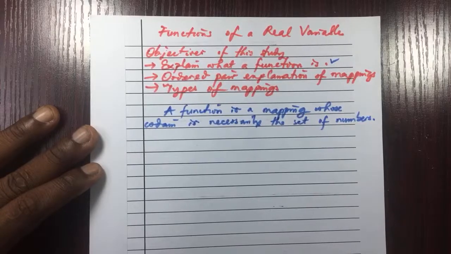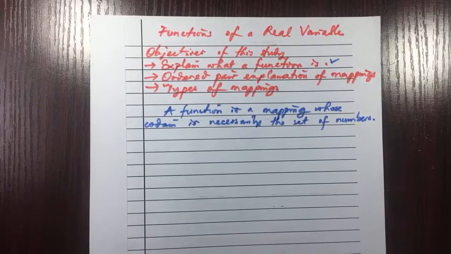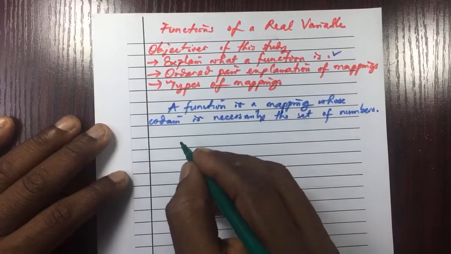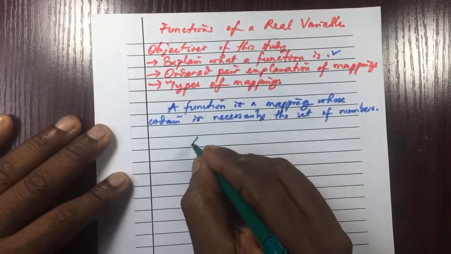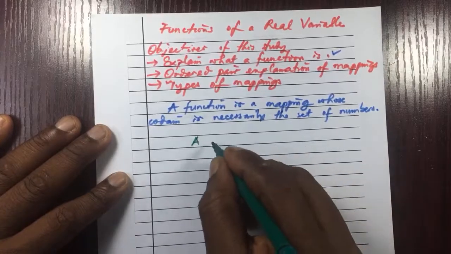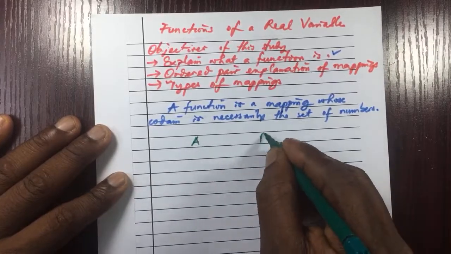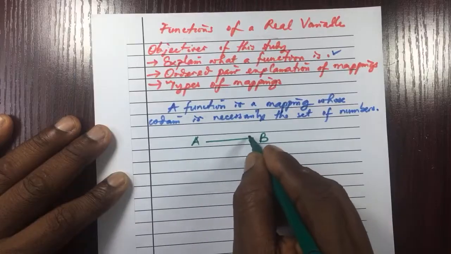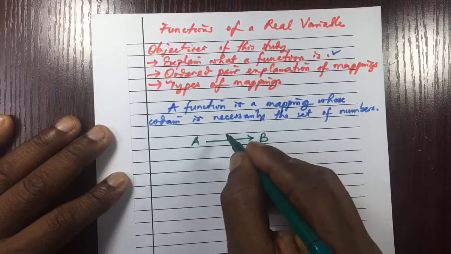So let's assume that there are two sets. I'm going to put a mapping here, with A being my domain and another set B being my codomain.